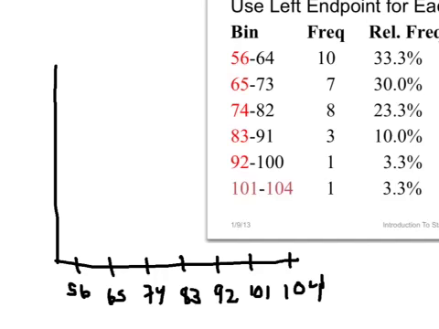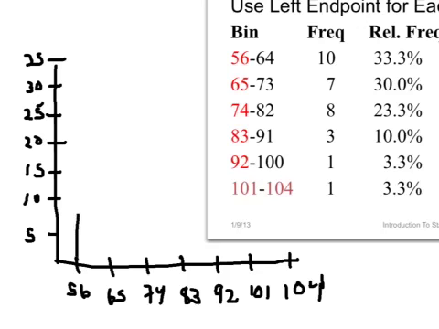So let's just go 5%, 10%, 15%, 20, 25, 30, and then finally 35. So here we'll go up to 33%, so 56 up to 65, 33%.